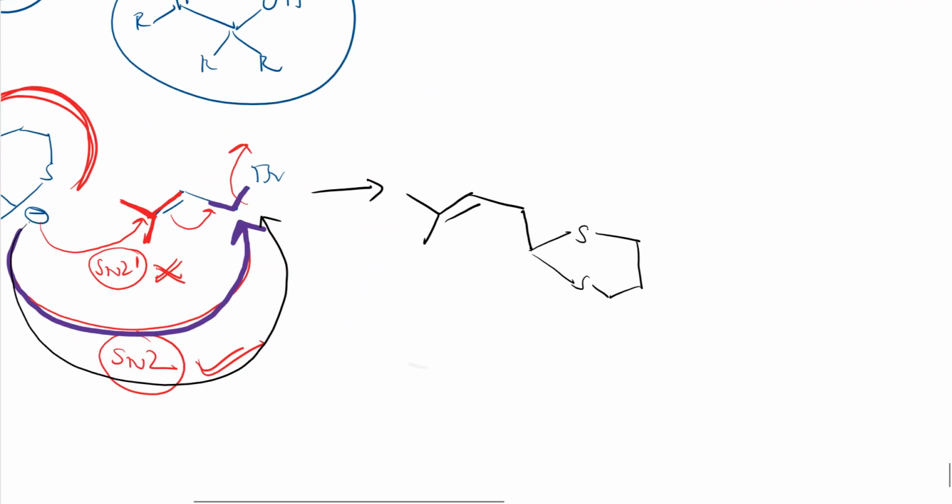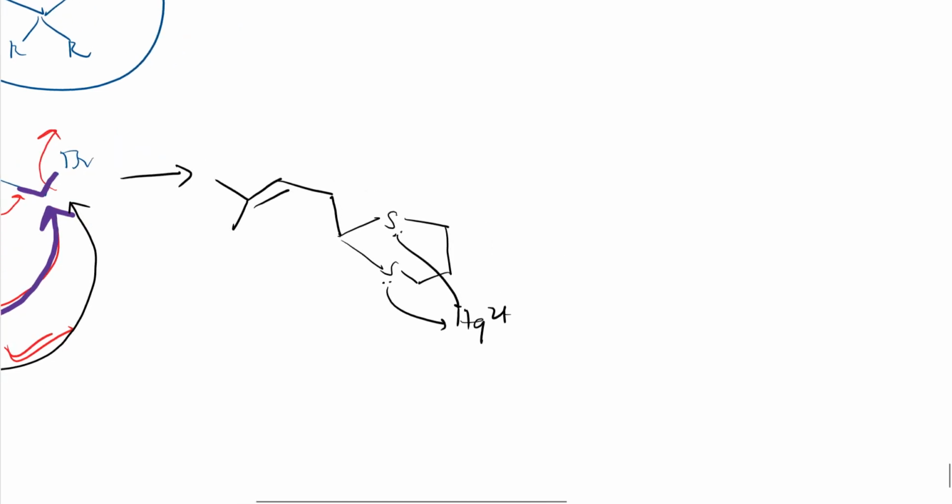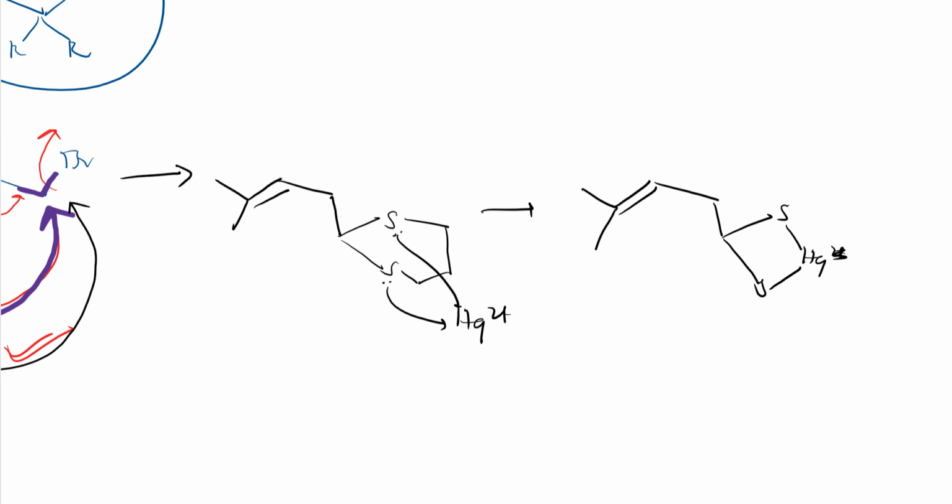Further, what I will add is mercury. So Hg2 plus, when I add, it has got a lone pair, it will also attack, so let me write the mechanism for this. I explained all those things, but here let me write. So sulfur, Hg2 plus, now it becomes neutral, and 3 carbons here, like this, right? So sulfur gets positive charge as it donated its lone pair. So what happens?